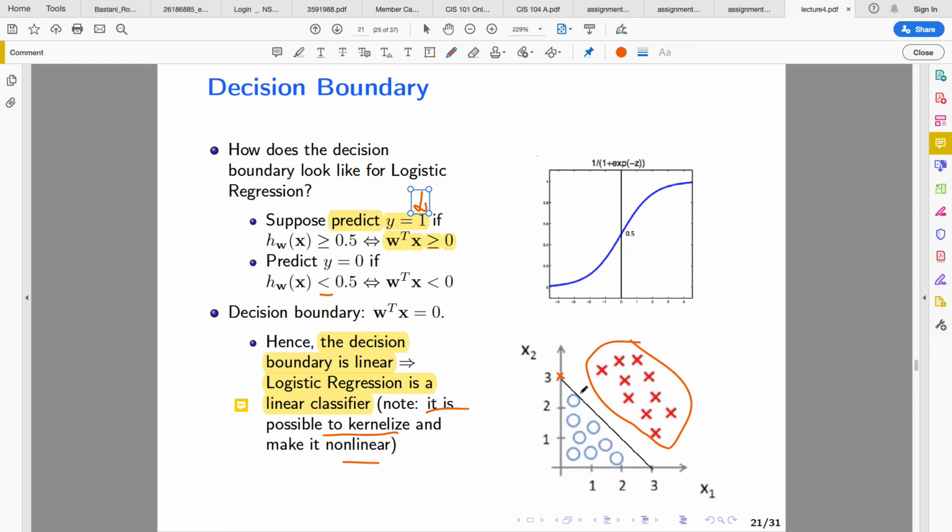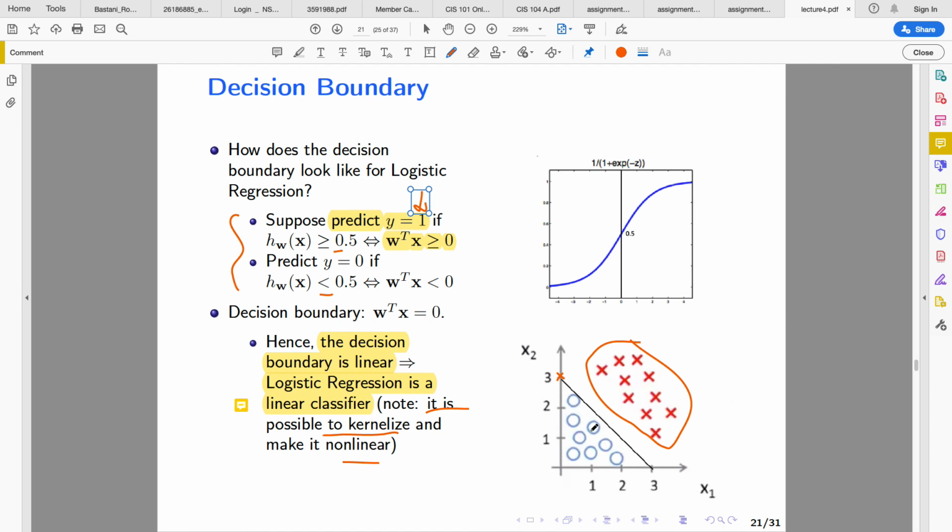This is one class and this is another class, and we're trying to draw a line that neatly separates one class from the other, and that is essentially what this is going to do for us. By the time we squash our predictions into those that belong to 0 and 1 based on this threshold, that can help us draw a straight line between the two classes.